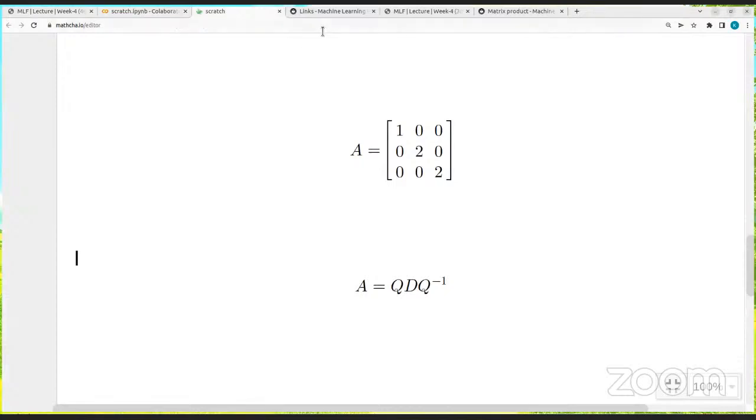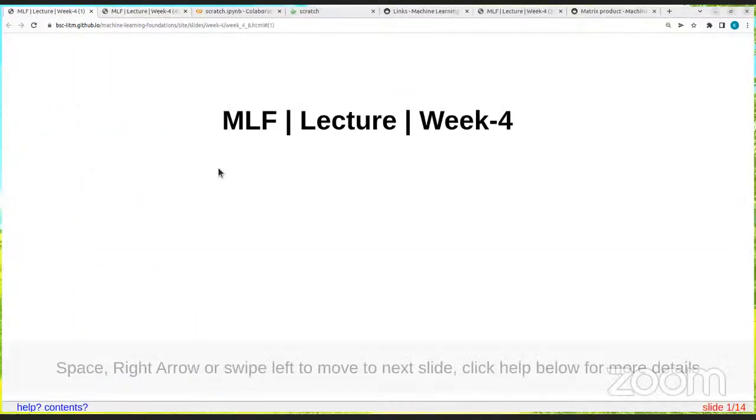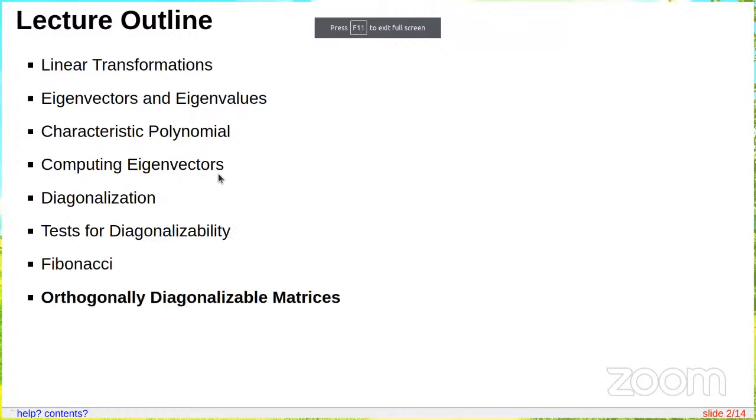Okay, so I have just one more part, and with that we'll close, which is the last part of week 4, really: orthogonally diagonalizable matrices. That's like too many terms, so let's very quickly look at this. Orthogonality, I think you all remember.